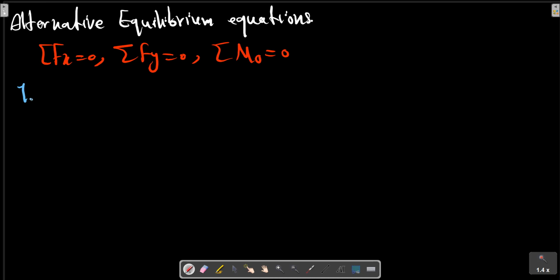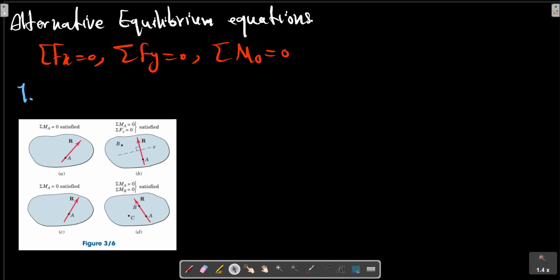One, consider this picture. This figure, parts A and B, shows a body.